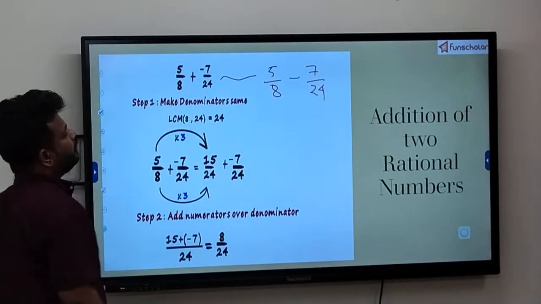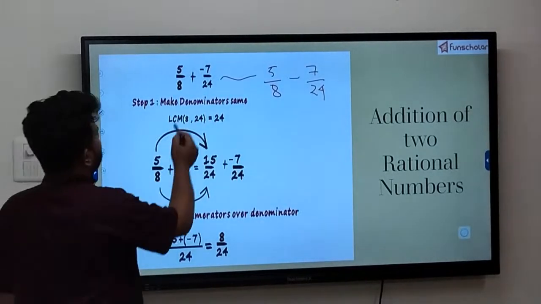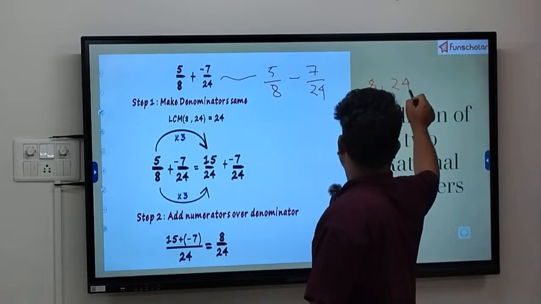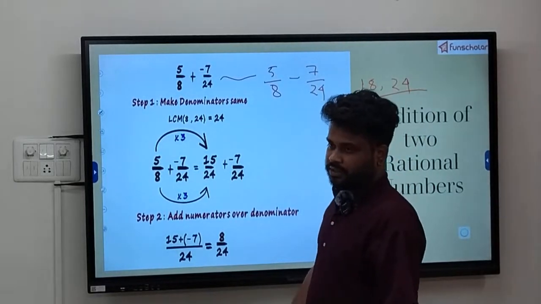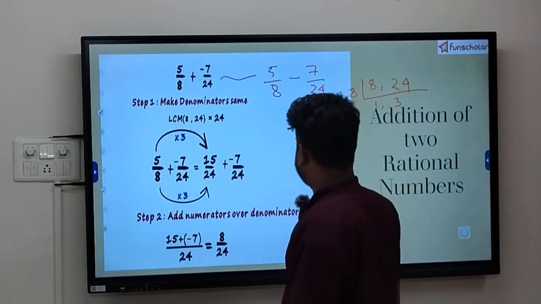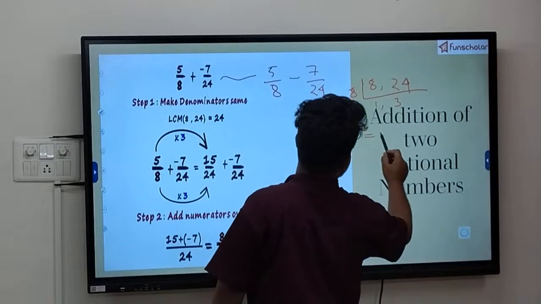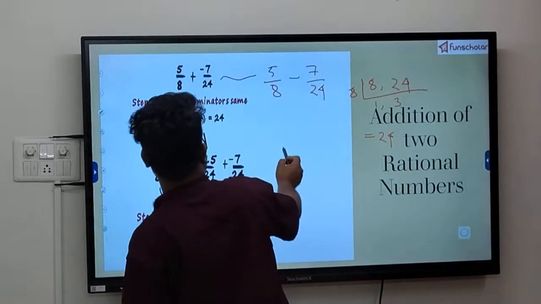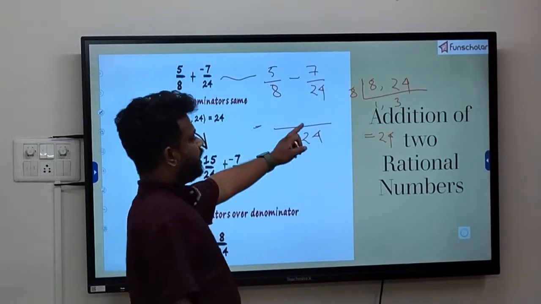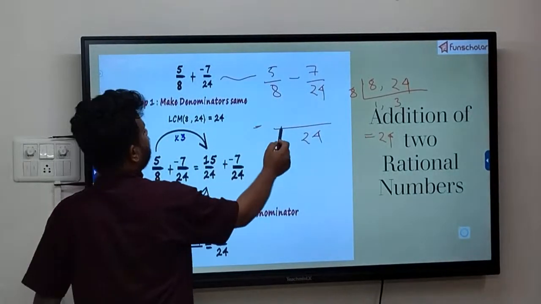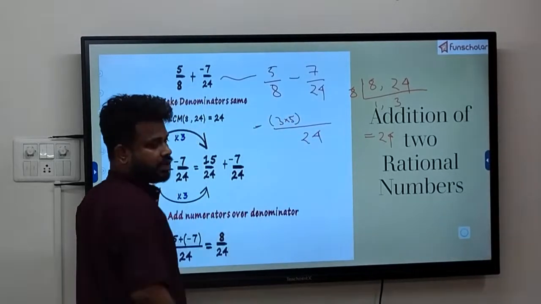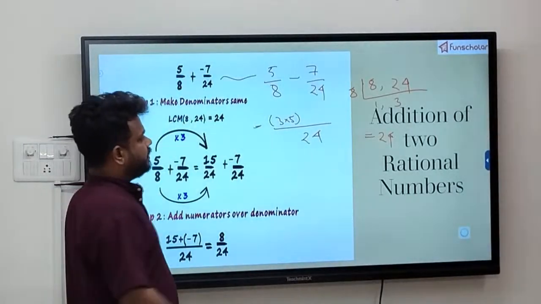Or you can follow the previous process: the LCM of 8 and 24. 8 ones are 8, 8 threes are 24, so 24 will be the LCM, and below we write 24. 8 threes are 24, so 3 fives are 15.